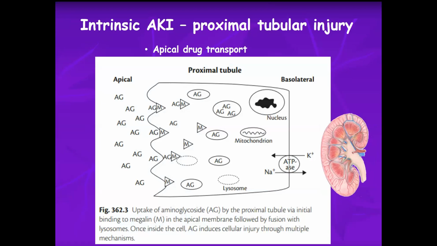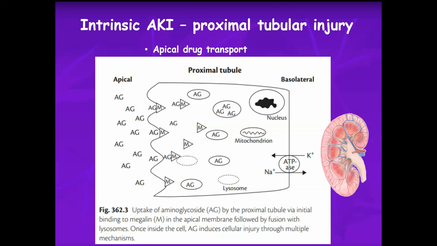So intrinsic AKI, the proximal tubular injury, so the apical drug transport mechanisms. So taking a typical example like aminoglycosides, you get an uptake of aminoglycosides by the proximal tubule by an initial binding to megalin. So obviously the aminoglycoside molecule gets into the tubular cell and fuses with the lysosomes.